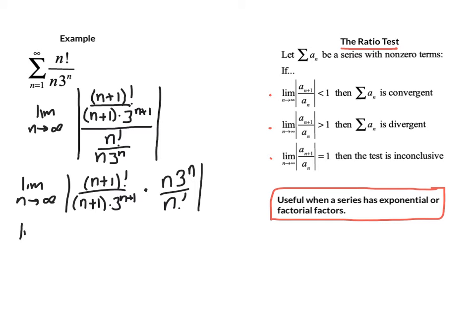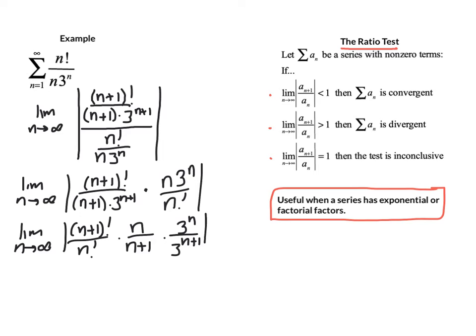But let's just rewrite it this time and show what we do. Typically we pair up the ratios of the common types of factors. So I would take the factorials, n plus 1 factorial over n factorial, and then I would take the algebraic factors, n over n plus 1, and then I would take the exponential, 3 to the n divided by 3 to the n plus 1.